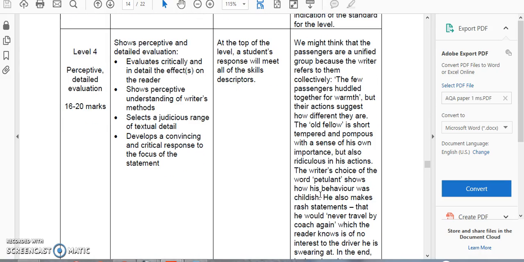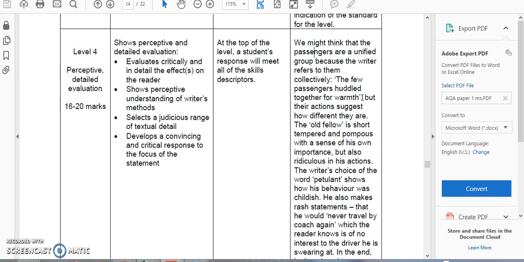So your top band marks, the ones that are going to get you the most marks, you've got perceptive, detailed evaluation here. So critical evaluation in depth of the effects on the reader. Again, they've made a distinction which the other ones haven't, which is they've started by saying we might think that the passengers are a unified group because the writer refers to them collectively, and they've backed it up with evidence.